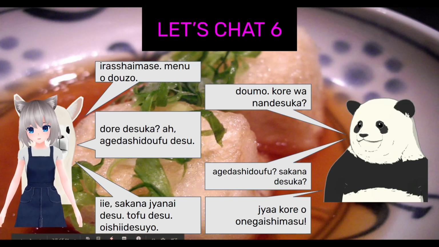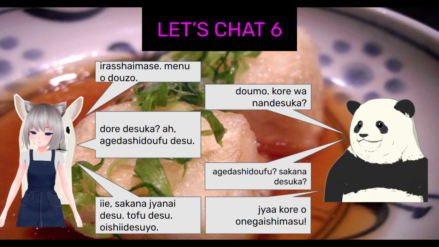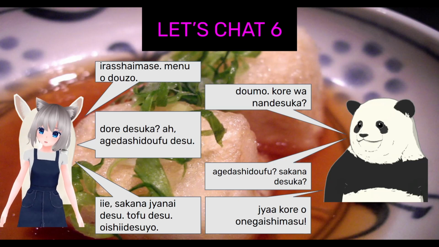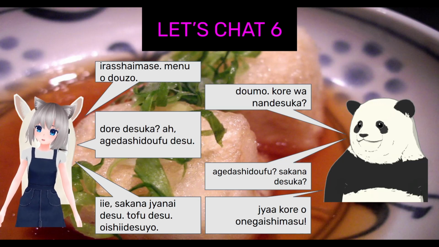So, 揚げ出し豆腐 is deep fried tofu in dashi stock. Dashi is a flavored stock, generally with bonito flakes and maybe some fish and kelp and things like that.